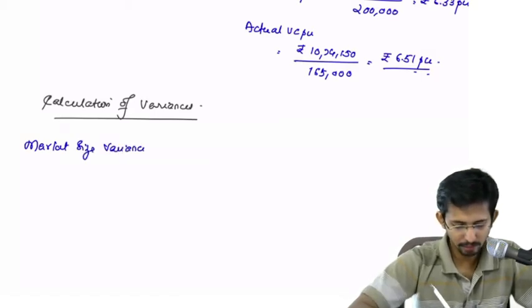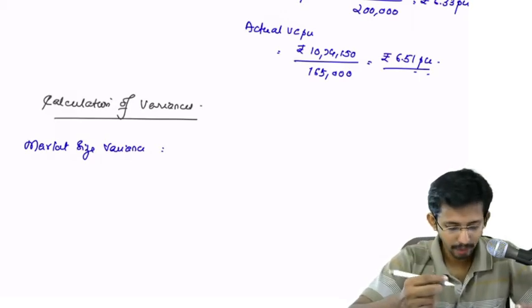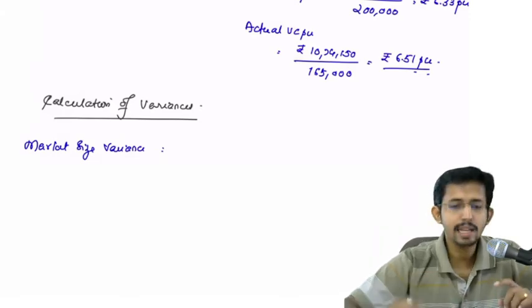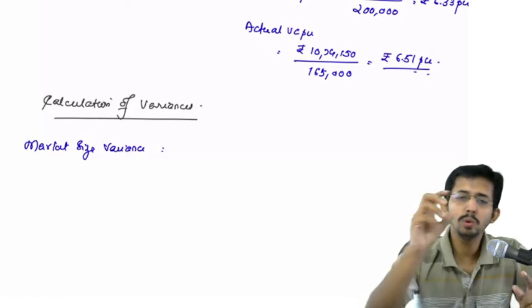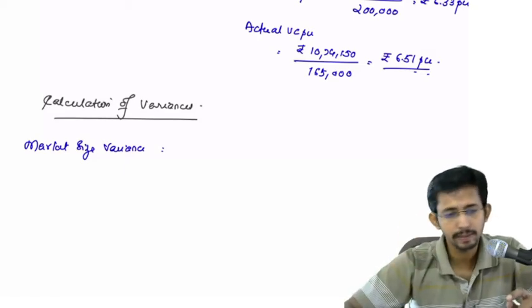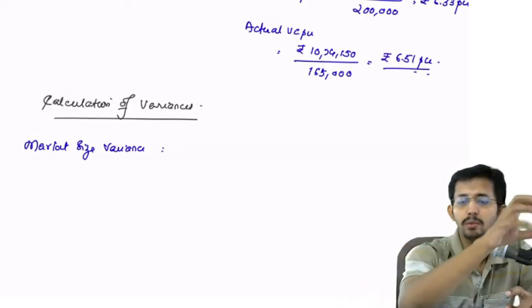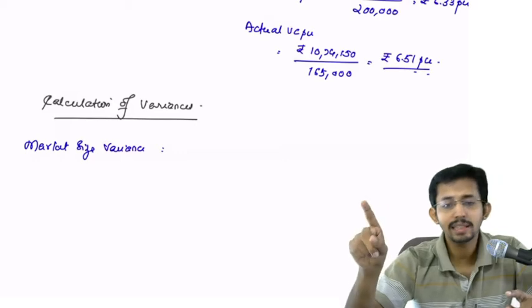In the previous lecture we saw why there is market size variance and what we mean by it. Now one addition I can tell you here: market size variance is the variance which happens due to any variation in the market size. You budgeted a 4 lakh market size, but the actual market size was 3,75,000.